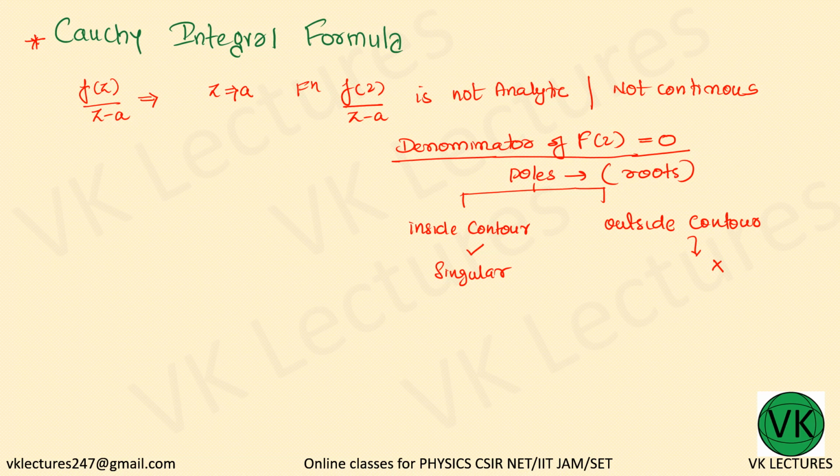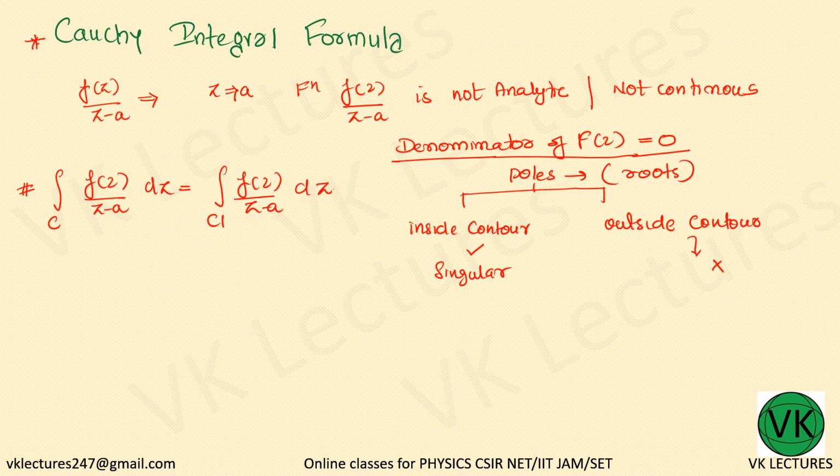Now what does the Cauchy integral formula say? The integral over the curve C of f of z divided by z minus a dz is equal to the integral over C1, where the function is not analytic, of f of z divided by z minus a dz.